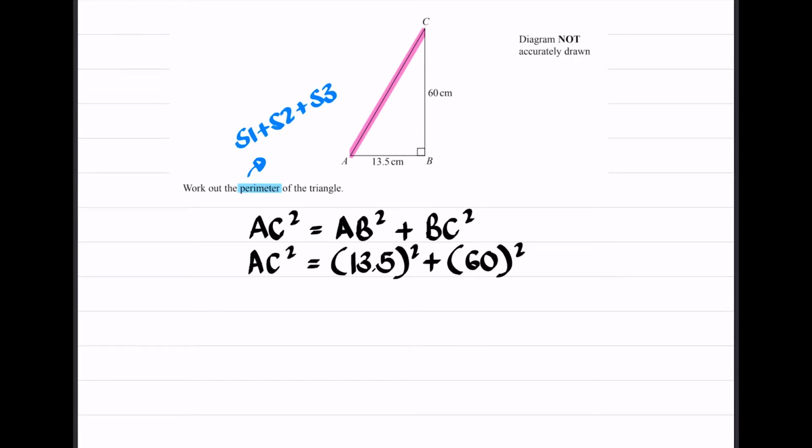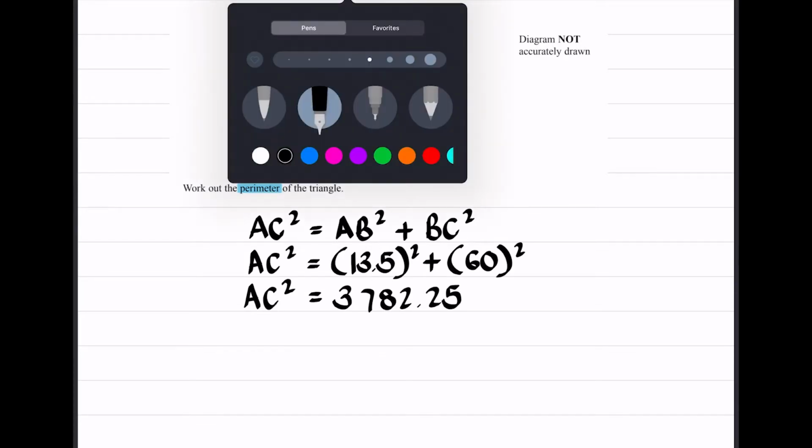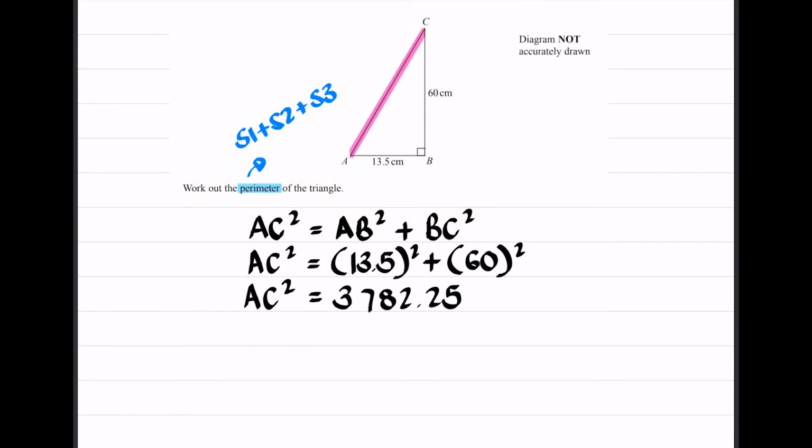So we know that AC squared is equal to 13.5 squared plus 60 squared, which comes to 3,782.25. And now I don't want AC squared, I want AC by itself, so that means that I need to square root both sides of this equation.